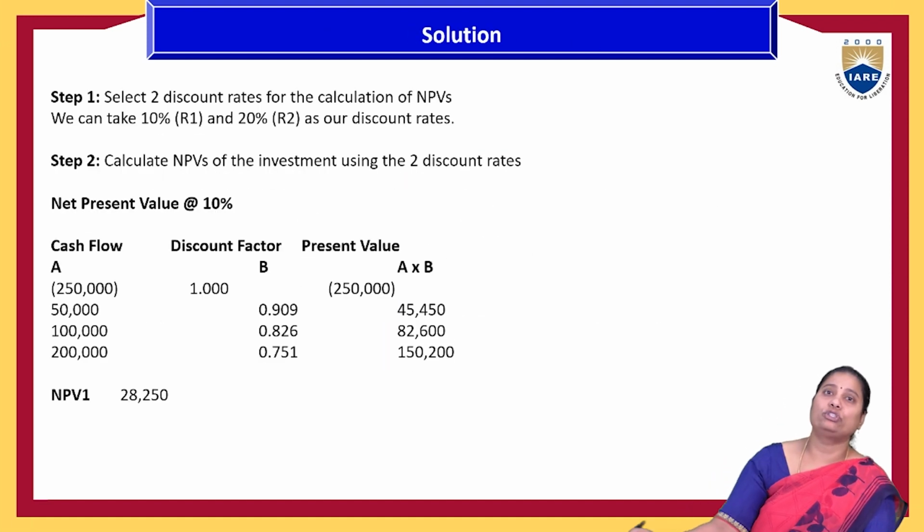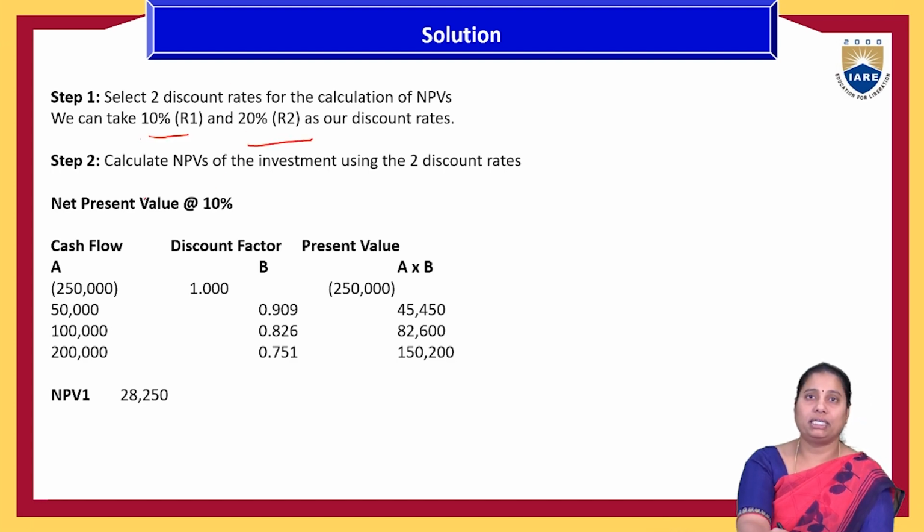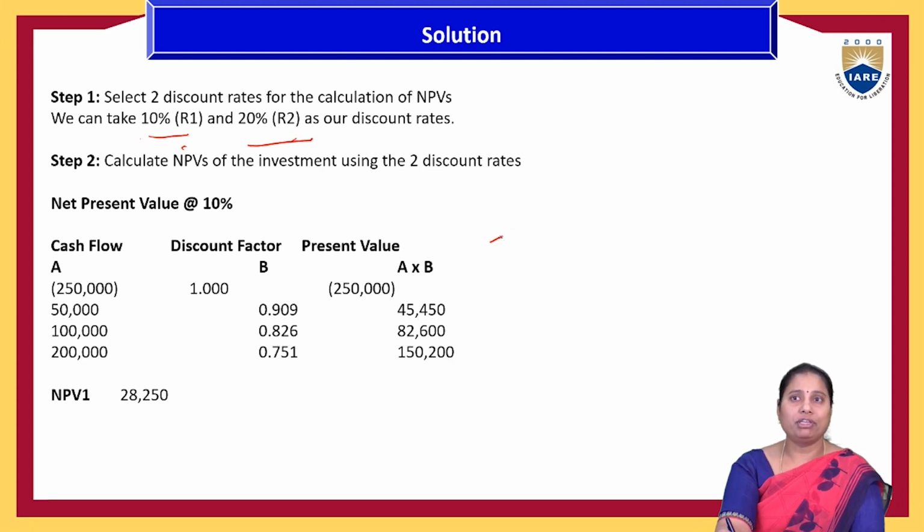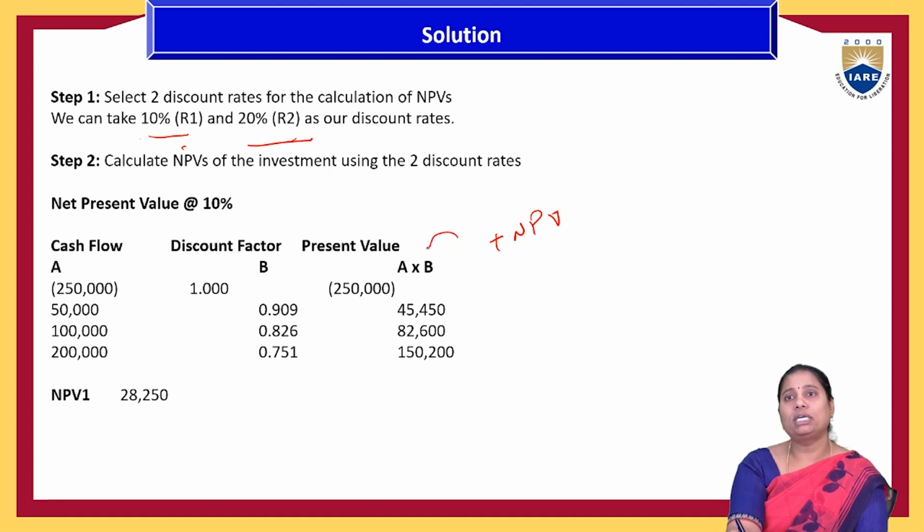First, we have to assume two rates, a lowest rate as well as a highest rate, 10% and 20%. If both percentages give a positive NPV, then we have to try rates below those.